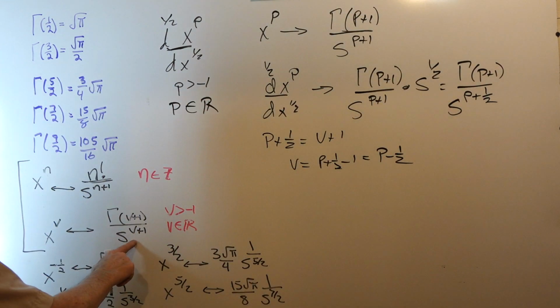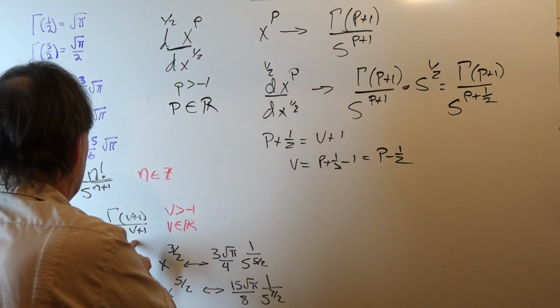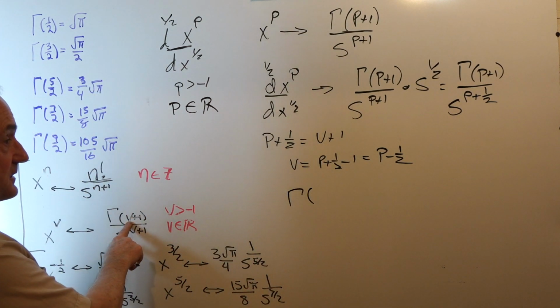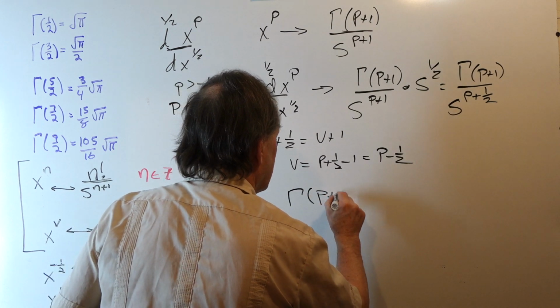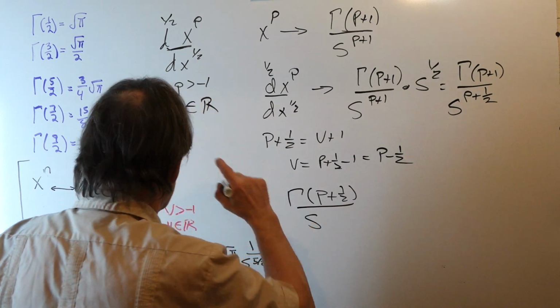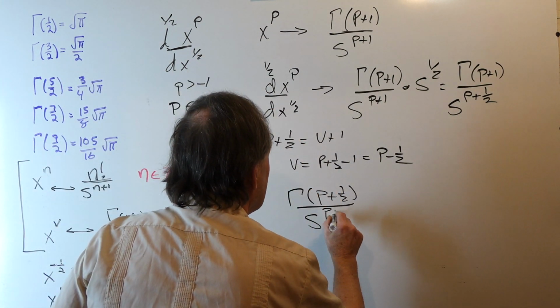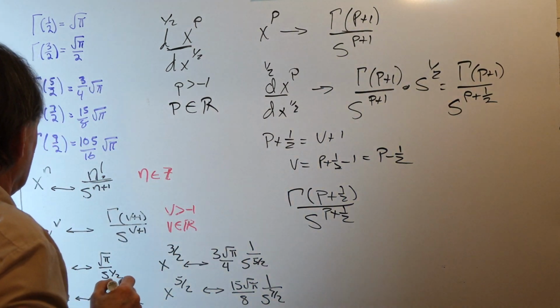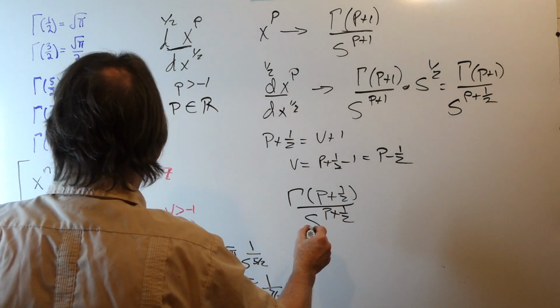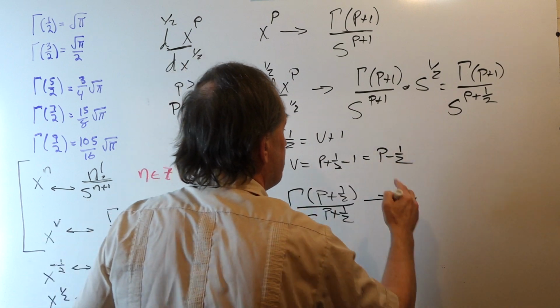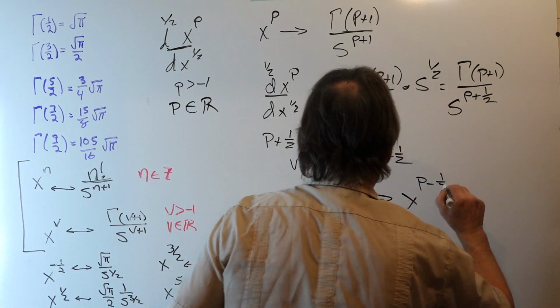So when we make that substitution here, we have gamma of v, which is p minus 1/2 plus 1, so that becomes p plus 1/2, over s to the p plus 1/2. And that transforms to x to the v, where v is p minus 1/2.